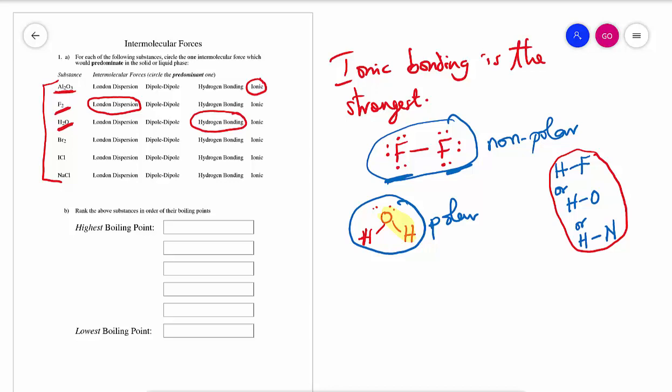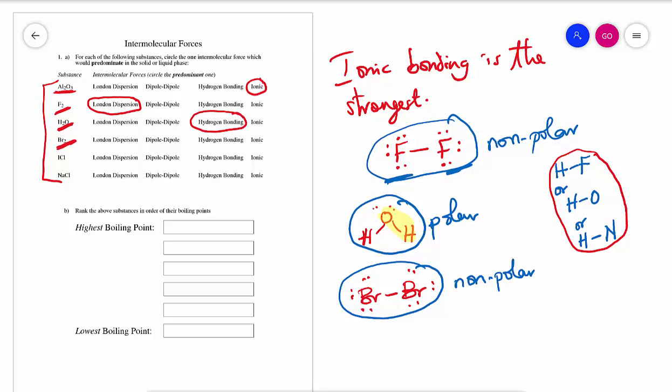Let us move on to the next one, Br2. The Lewis structure for Br2 is kind of similar to F2, which means this compound is nonpolar.